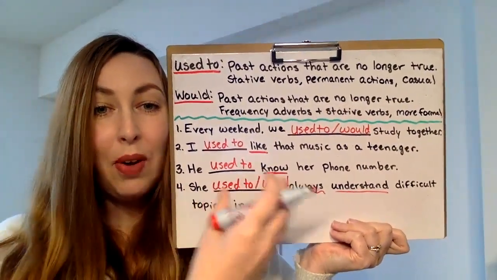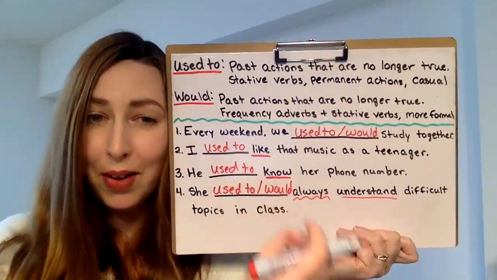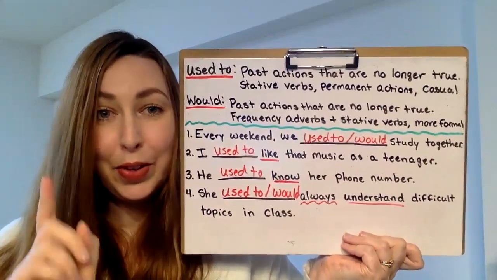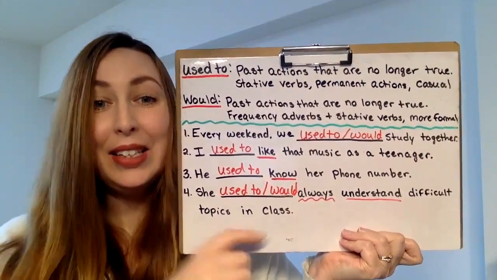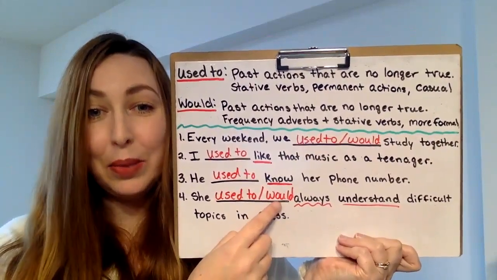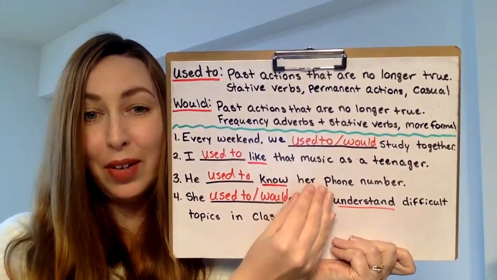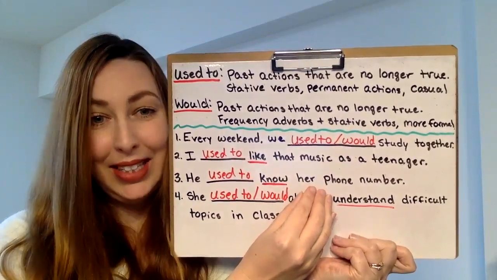She used to always understand difficult topics in class. She would always understand difficult topics in class. If you use a frequency adverb, an adverb of frequency, you can use would, all right? But be careful, because if there's no adverb of frequency, we cannot use would, all right?